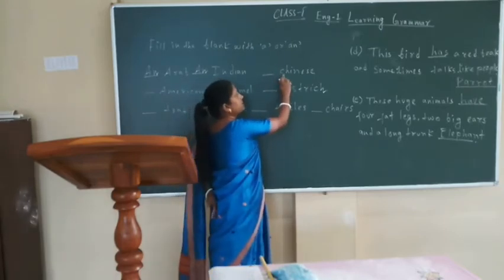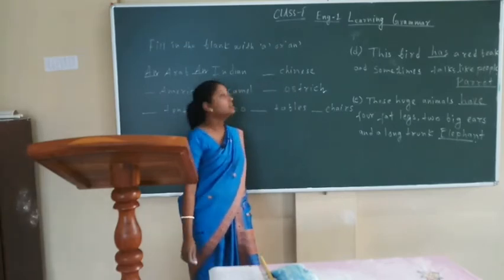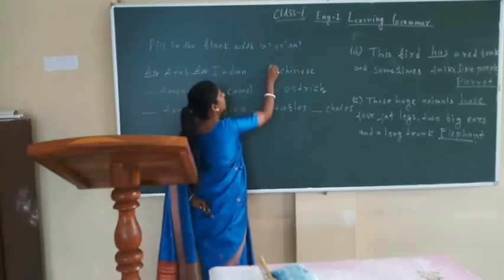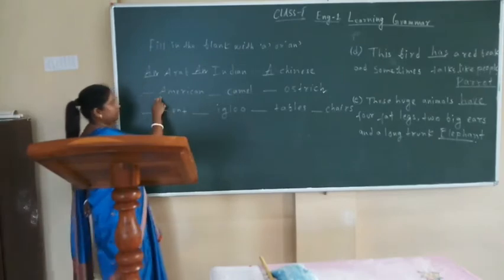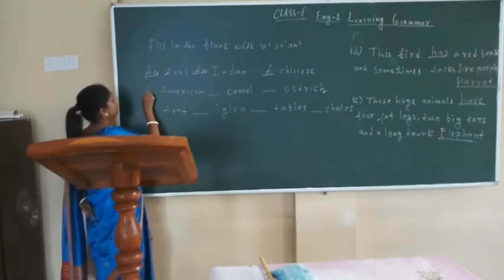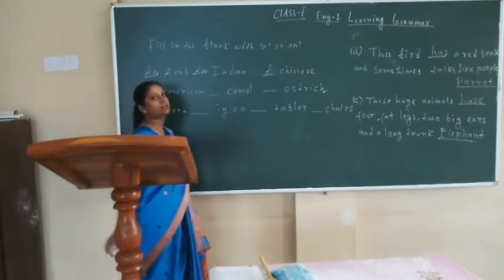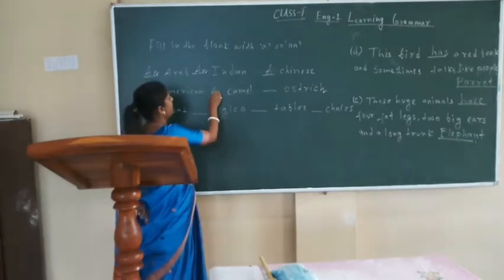In Chinese, see, the first alphabet is a consonant, that is why a is used. Same with American, the first alphabet is a vowel, that is why an is used. Here camel, see, the first alphabet is a consonant, that is why a is used.